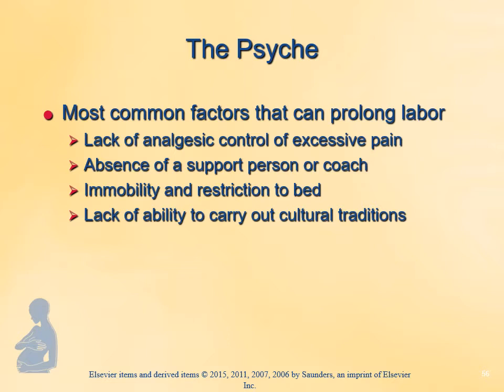It might be the absence of a support person, and so she doesn't feel supported, or maybe she feels alone or scared. That can really impede and cause more tension. If she feels restricted to the bed, like she can't get up and move around, that might have an impact on her psyche. Or maybe she feels like her cultural traditions aren't being respected, and that can kind of shut down her progress through labor as well.